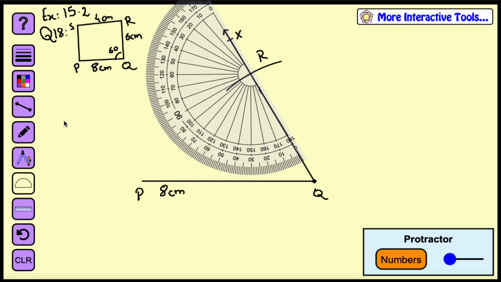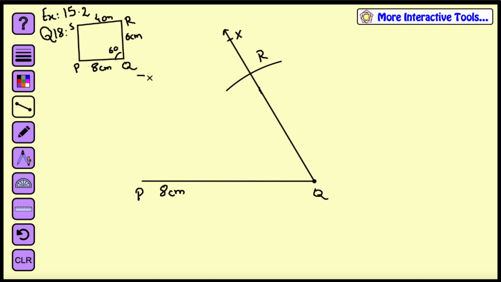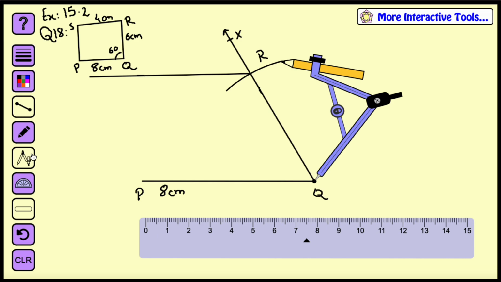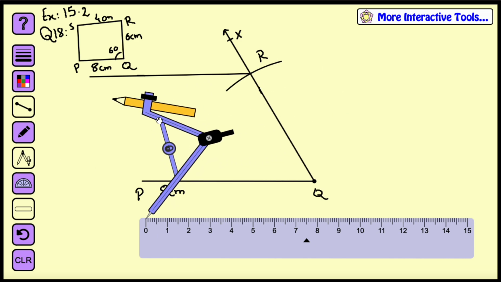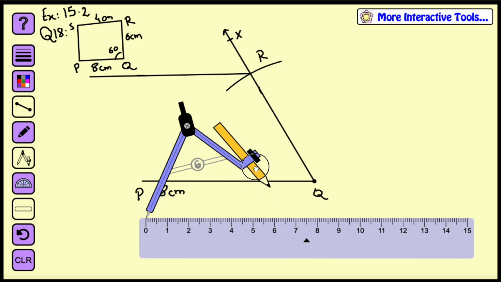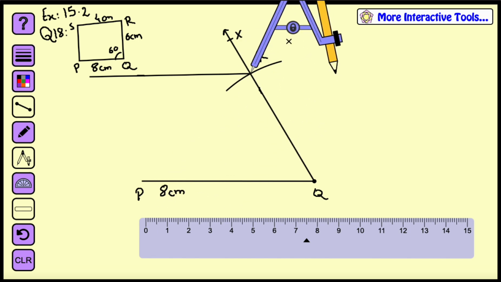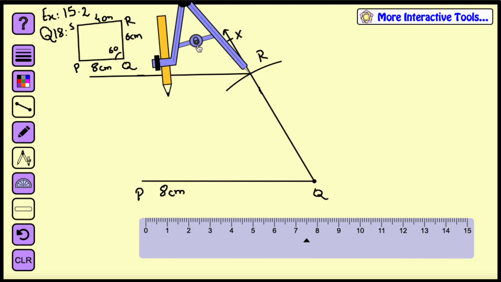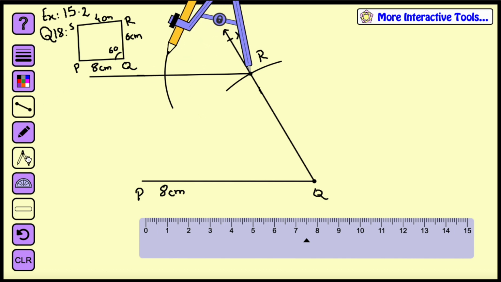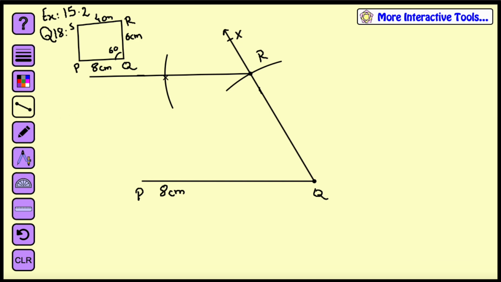So what we are going to do, mark 120 at this one, and draw an arc, take 4 centimeter, draw an arc, and then join the lines.